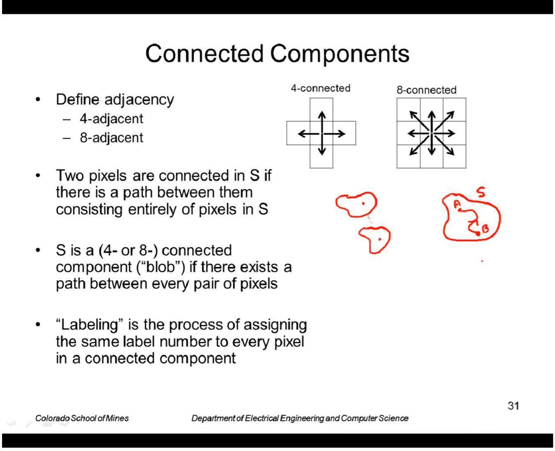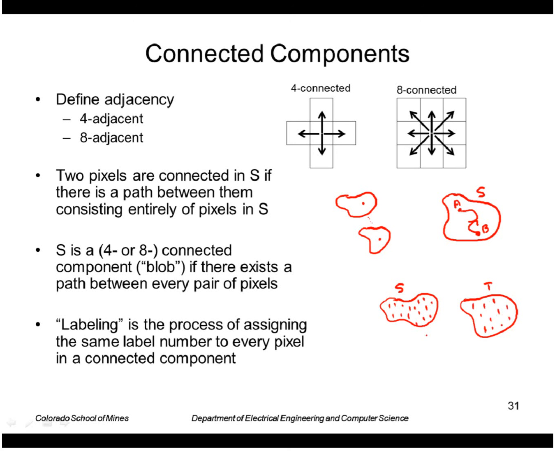So labeling is the process of assigning a label number to every pixel in a connected component. So let's say I had 2 connected components, S and T. And basically these are points that have 1s and outside is 0s.